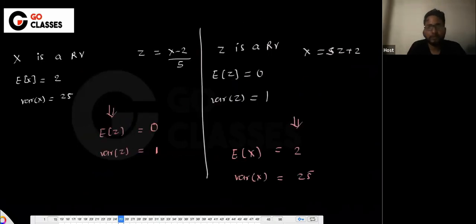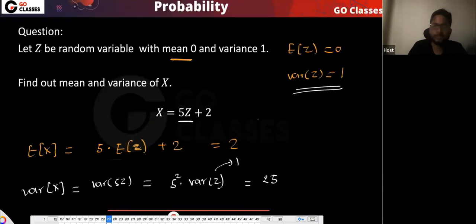Yeah. So I have given you this example where I said the mean is 0, variance is 1. And then if X is this, can you find out the expectation and variance? This is the same. Instead of 5 and 2, I'm just saying K1, K2. That is the only difference I made in that example.